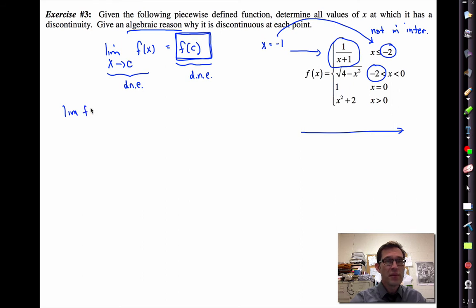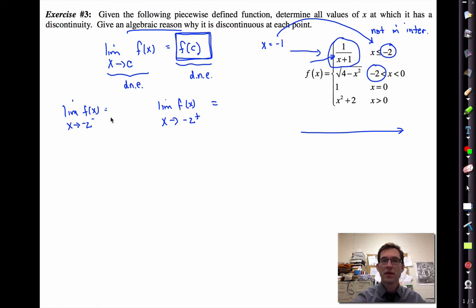So let's look at the limit of f of x as x goes to -2 from the left, and the limit of f of x as x goes to -2 from the right. From the left, I'm on this formula, right? Think about that for a minute.